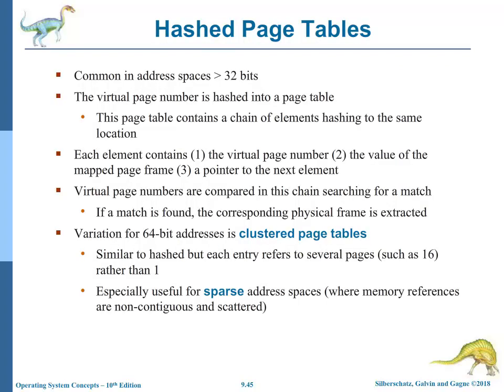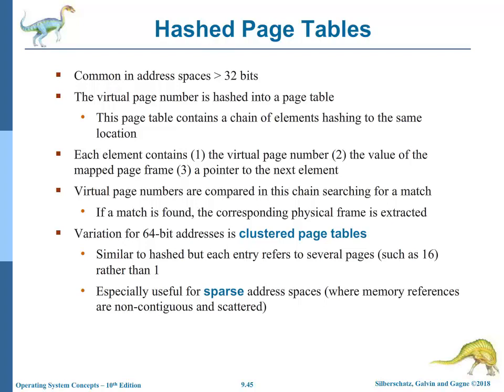A variation of this scheme that is useful for 64-bit address spaces has been proposed. This variation uses clustered page tables, which are similar to hashed page tables, except that each entry in the hash table refers to several pages, such as 16, rather than a single page.